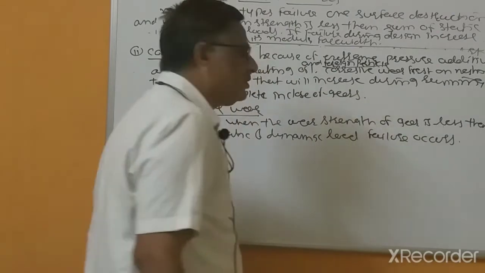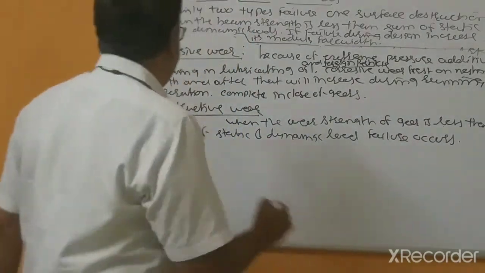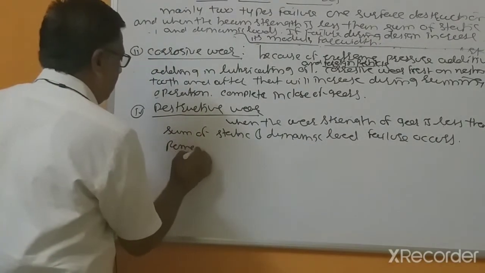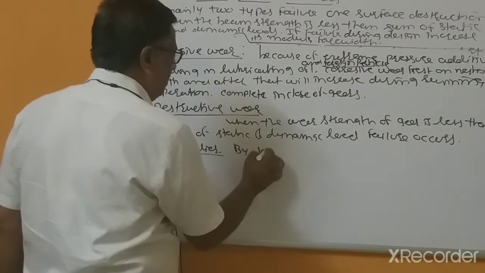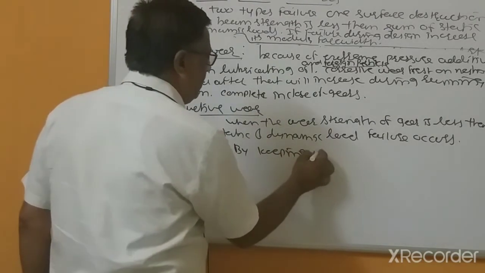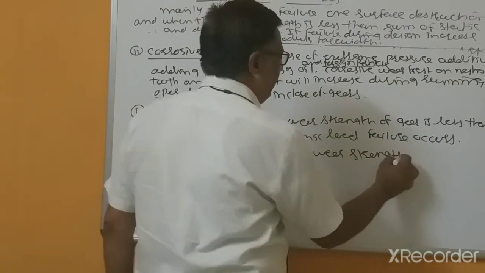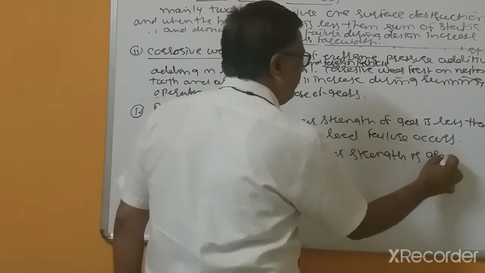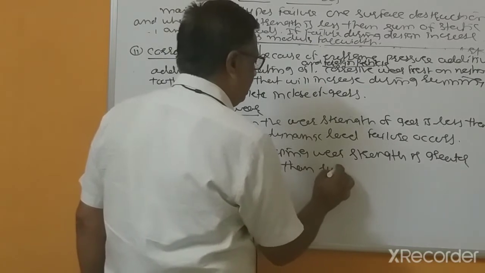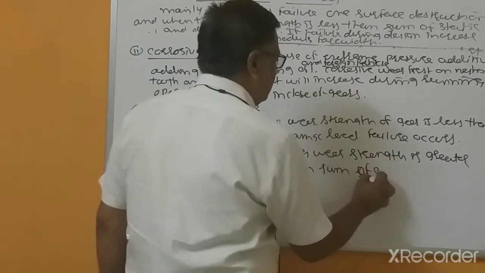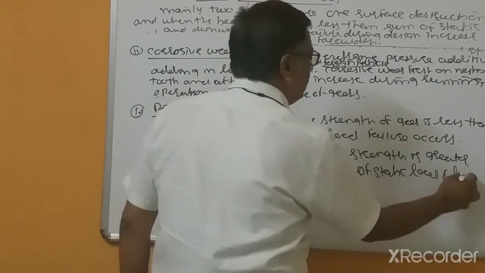So for avoiding it, the remedy is you can increase the module and the face width, by keeping the wear strength greater than the sum of the static load and dynamic load.